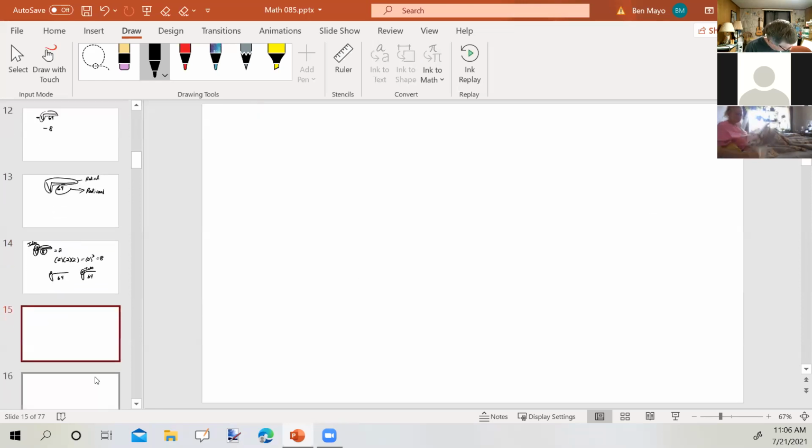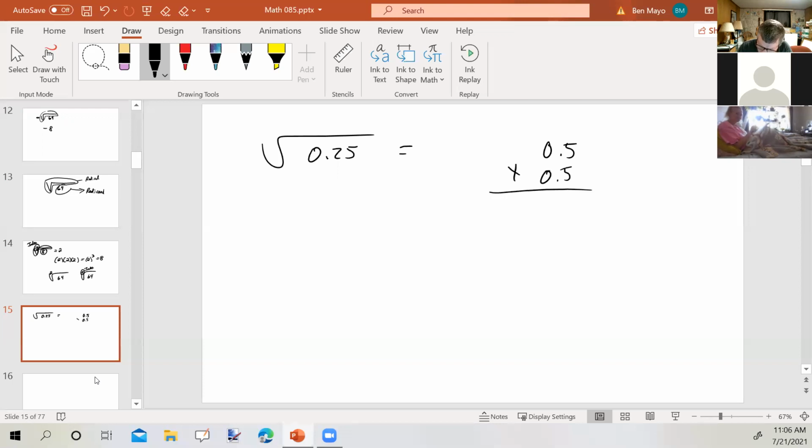All right. Let's see. How about this one? The square root of 0.25. Well, what times itself is 0.25? 5 times 5 is 25. 0.5 times 0.5 is what? 0.25.